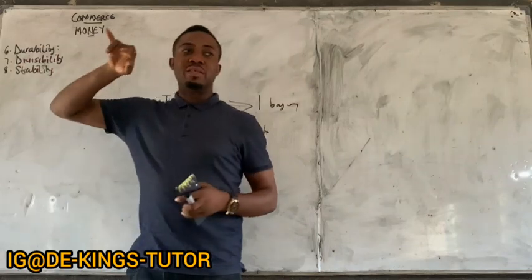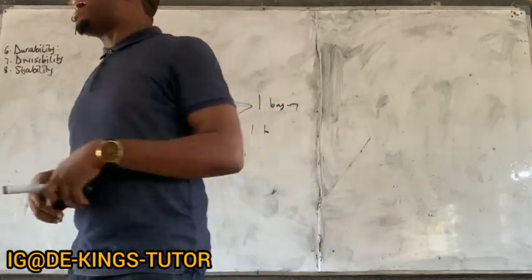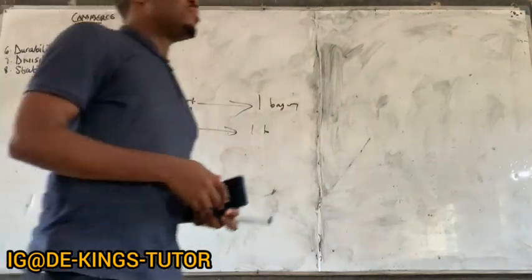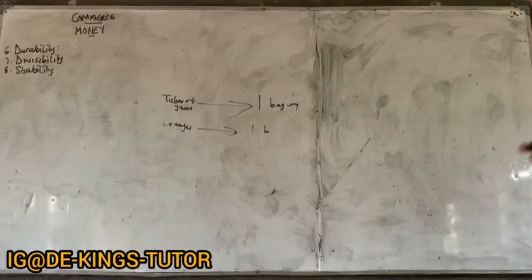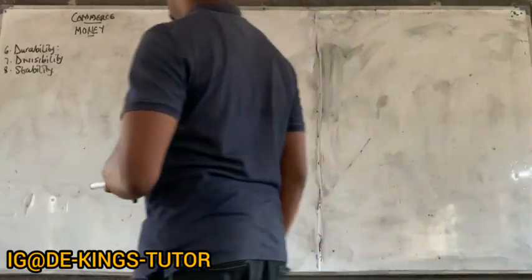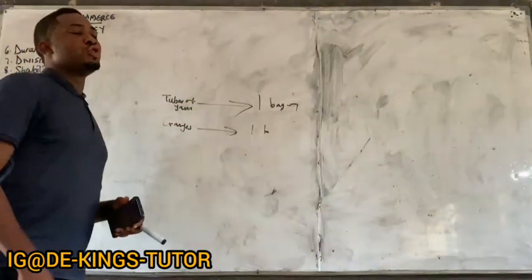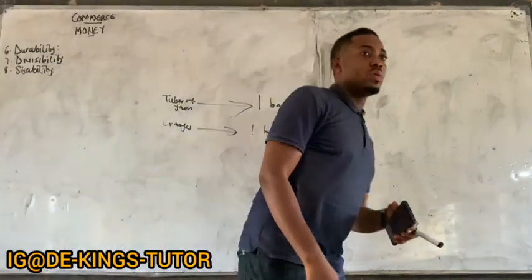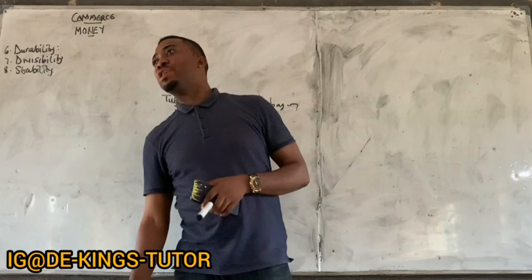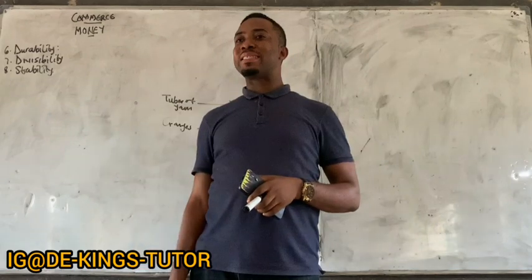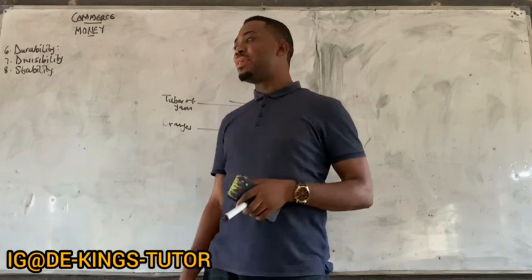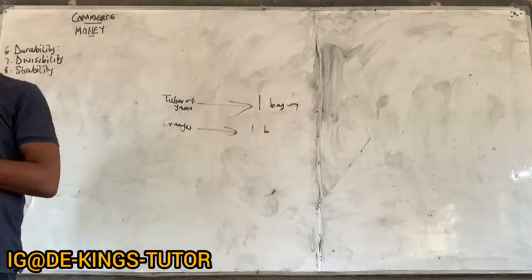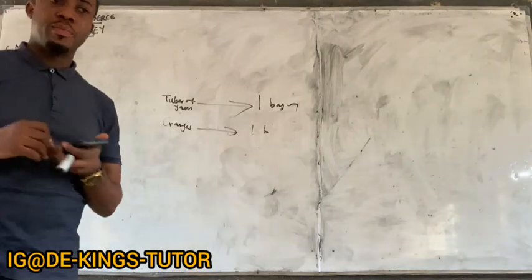Now let's try stability. Whatever should serve as money should be stable in value, and not fluctuate easily. Full stop.